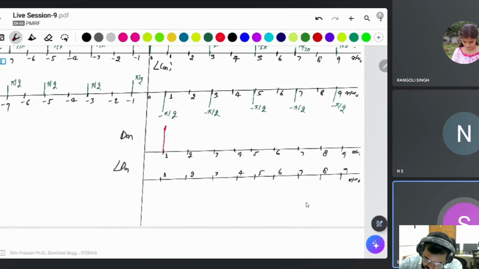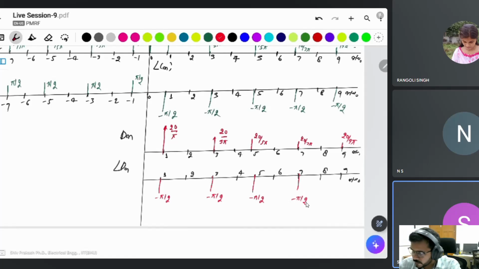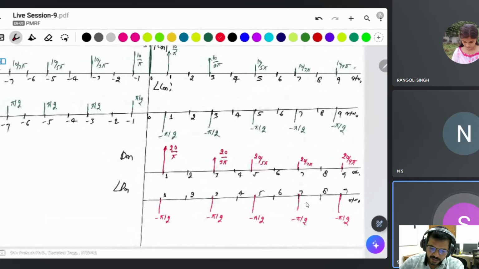Dn is equal to 20 by pi, d3 is 20 by 3 pi, d5 20 by 5 pi, d7 20 by 7 pi, d9 20 by 9 pi. Angle same, minus pi by 2 for each of these. Okay, this is the representation.